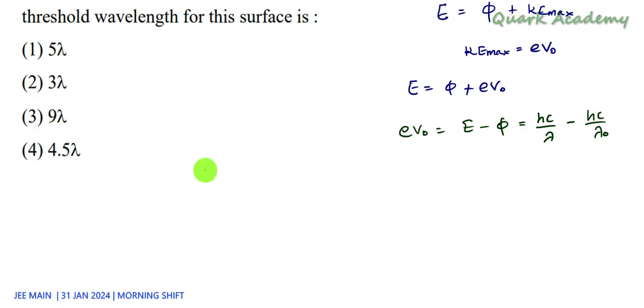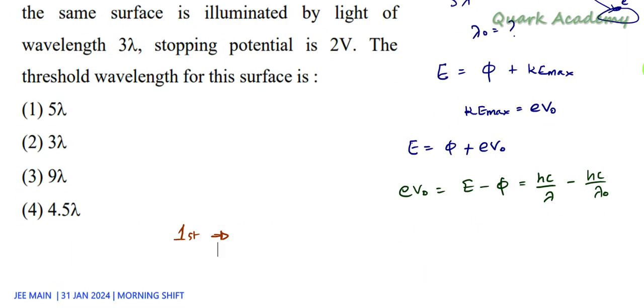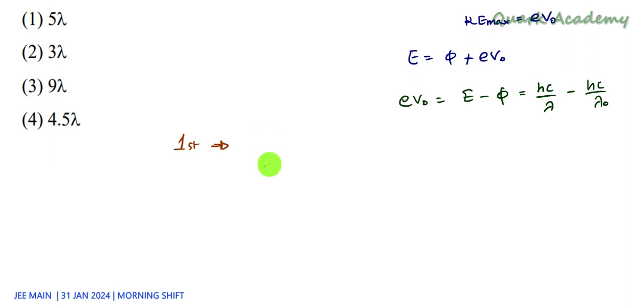So let's write this equation for each case. For the first case, the incident wavelength is lambda and the stopping potential is 8 volt. So e into 8 volt equal to hc by lambda minus hc by lambda 0.